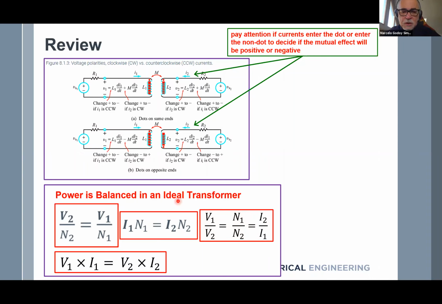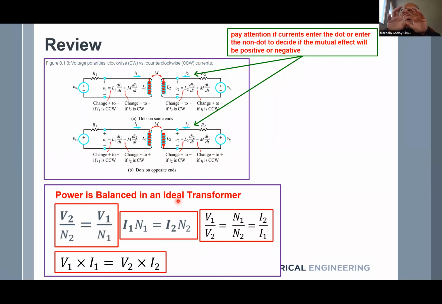In addition, because your transformer is ideal, you don't have any internal resistance in your windings. We know that in reality, a transformer has a copper wire that you have to wind. So that copper wire will have a resistance, but we are neglecting that.